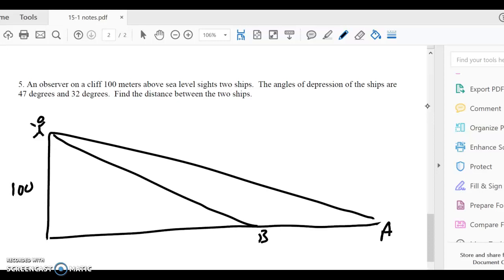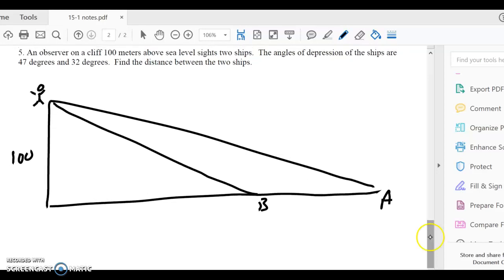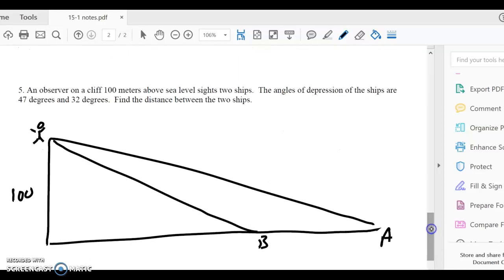If you think about what's going on here, which one would be 47 and which one would be 32? Now remember, angle of depression is equal to angle of elevation. So I really think it's easier to label the angle of elevation from the ship's perspective here. Think about ship A. It's further away from the observer.